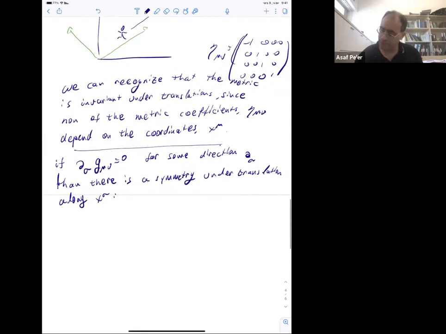If d sigma g equals 0, that means x sigma goes to x sigma plus some constant a, and this is a symmetry.